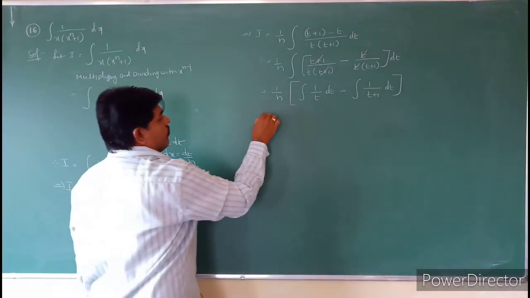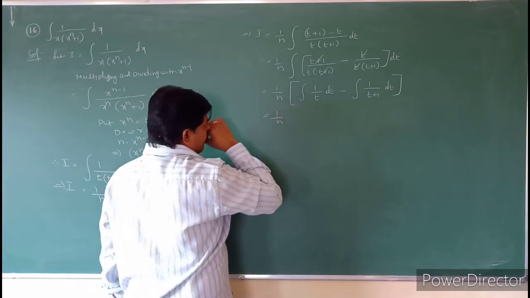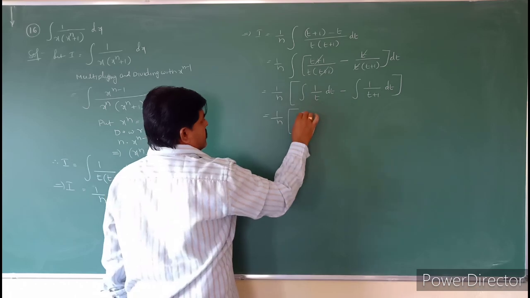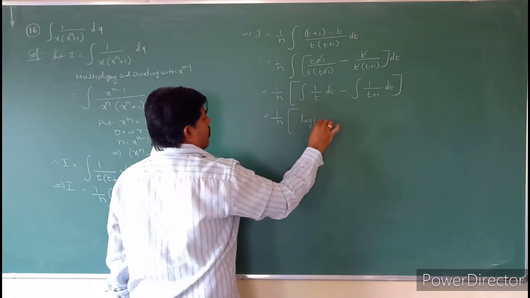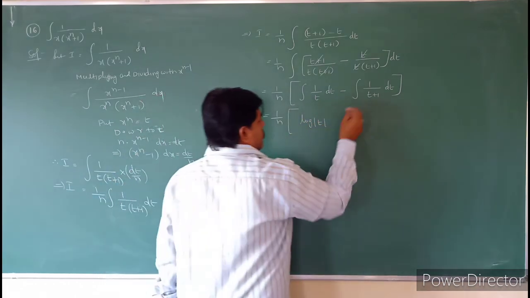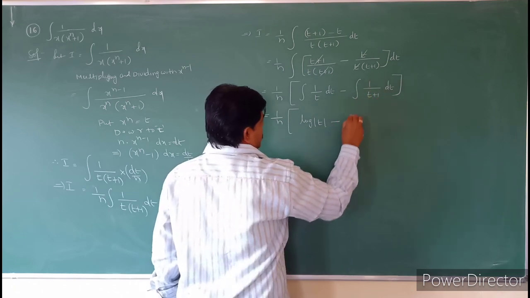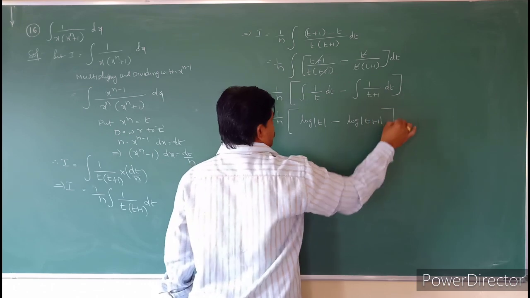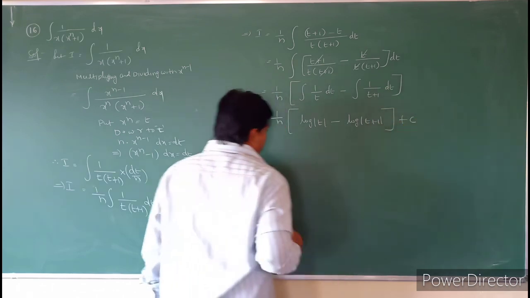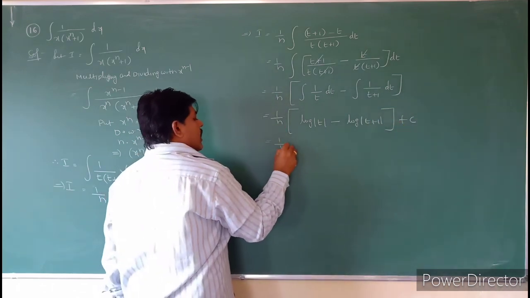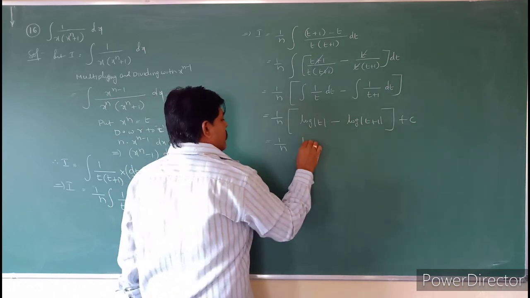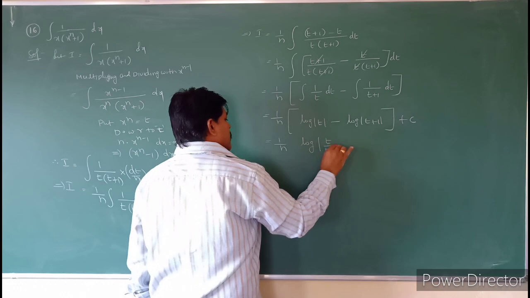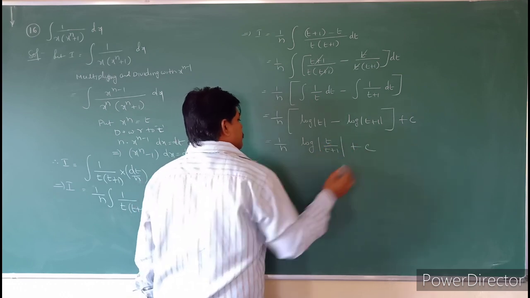So that is equal to 1 by n, integral of 1 by x is log mod x, minus integral of 1 by ax plus b, that is also integral of 1 by t plus 1, plus c. So that is equal to 1 by n, log a minus log b, you can write as log of mod t by t plus 1 plus c.